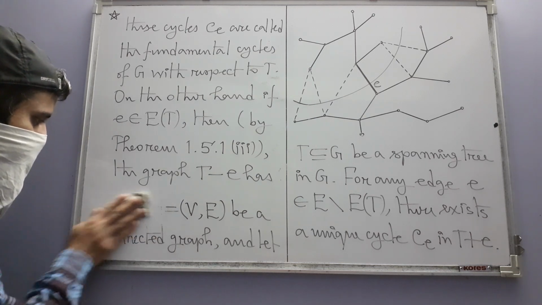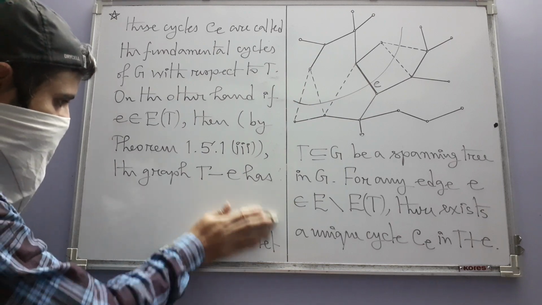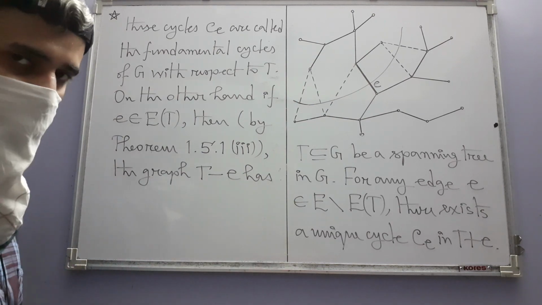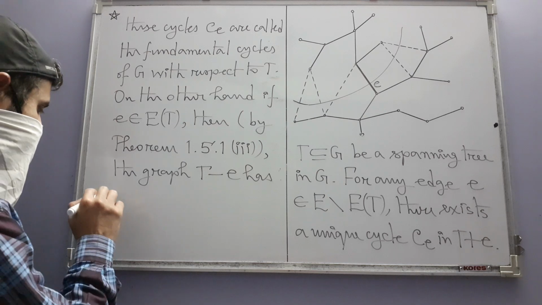That is, you are removing one edge from a tree. That will give you exactly two components.